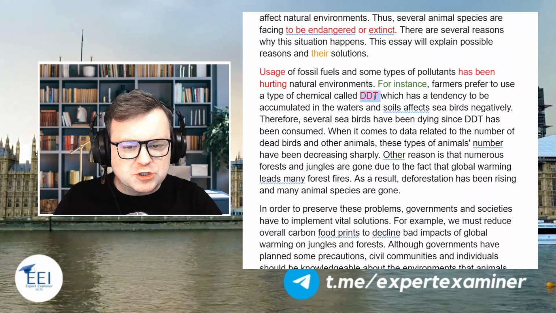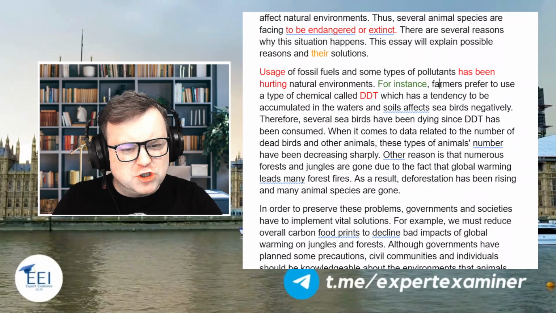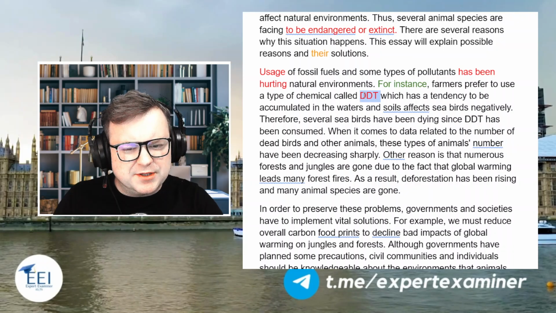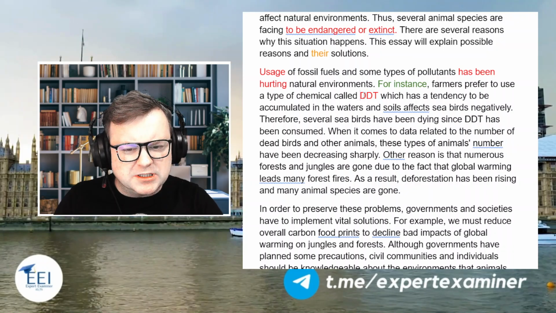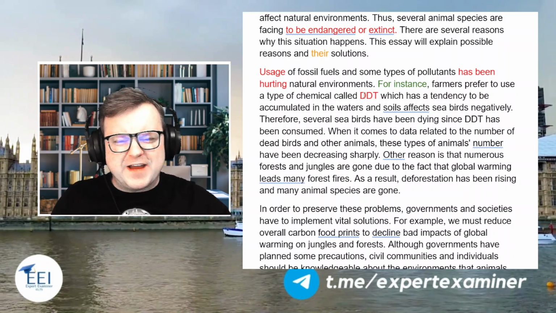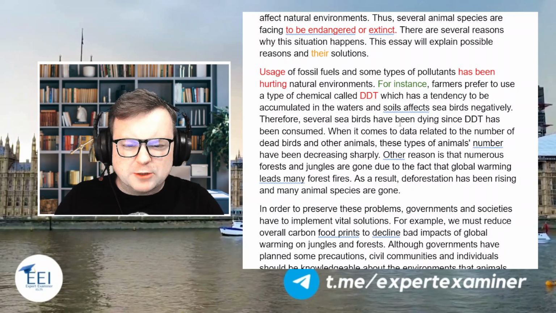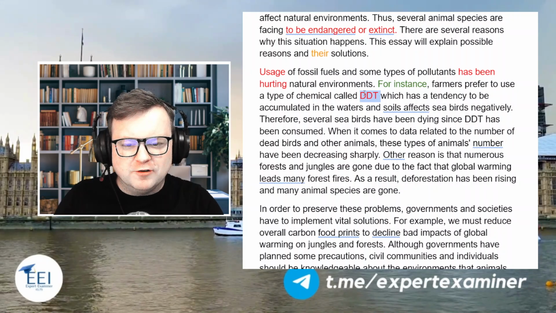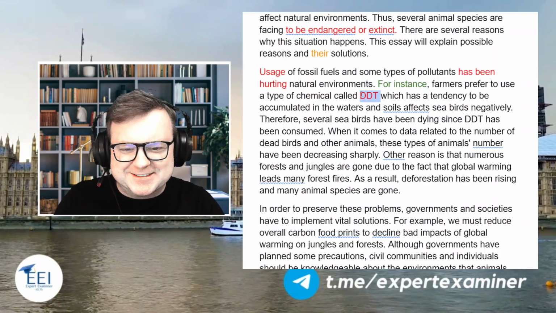Let's ban it. So it's just factually inaccurate to say that farmers prefer to use DDT. I think in most countries now, DDT isn't used. So be careful with the factual information if you're not sure about it. You don't need to have a specialist knowledge of pesticides.